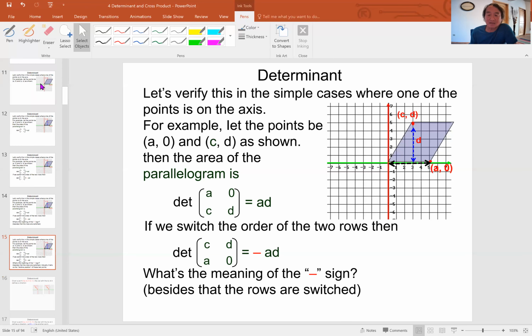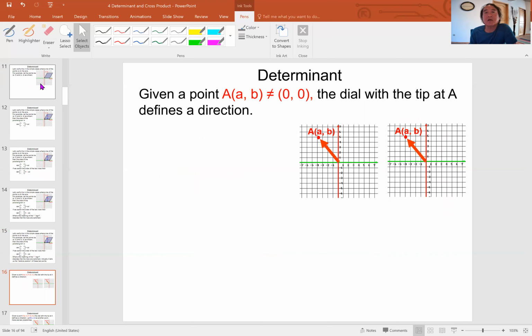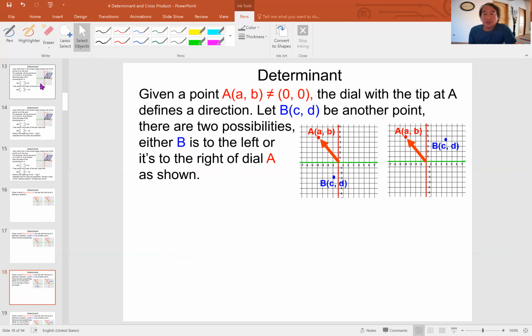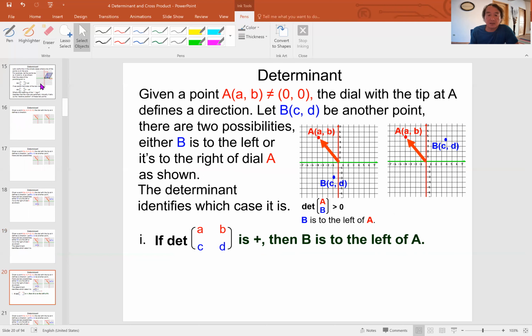In this case, what do you mean by the negative sign? Actually, it's telling you the direction. In mathematics, we talk about orientations in the following manner. Suppose I have a point A, B, and then another point C, D. The point is either to the left-hand side, quote unquote, or right-hand side, and depending on whether it's left or right, the determinant is positive or negative.